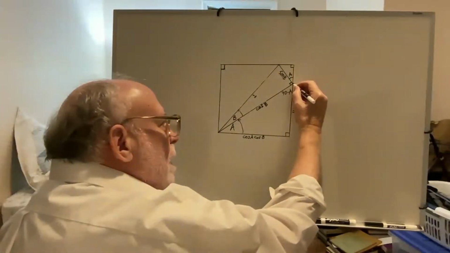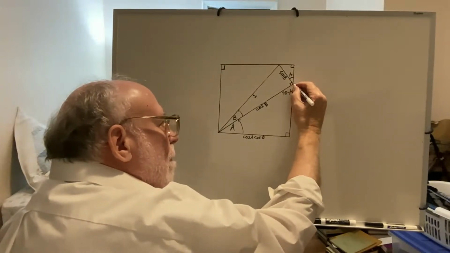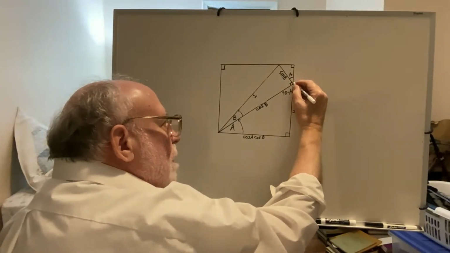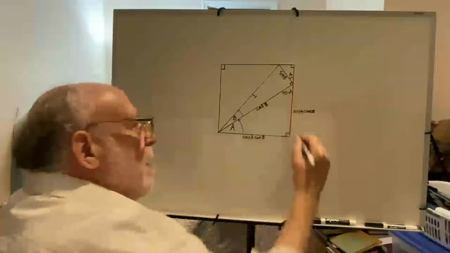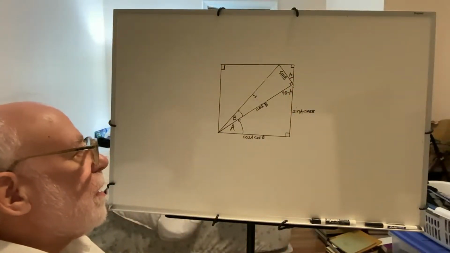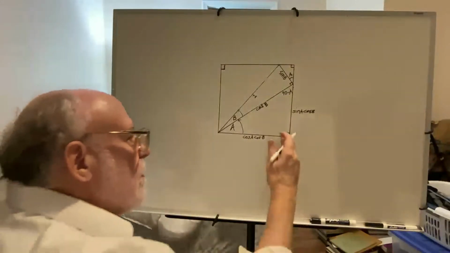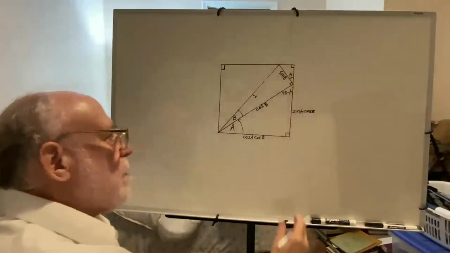Because at this vertex, the 3 angles must add up to 180 degrees, because this side here is a straight line.